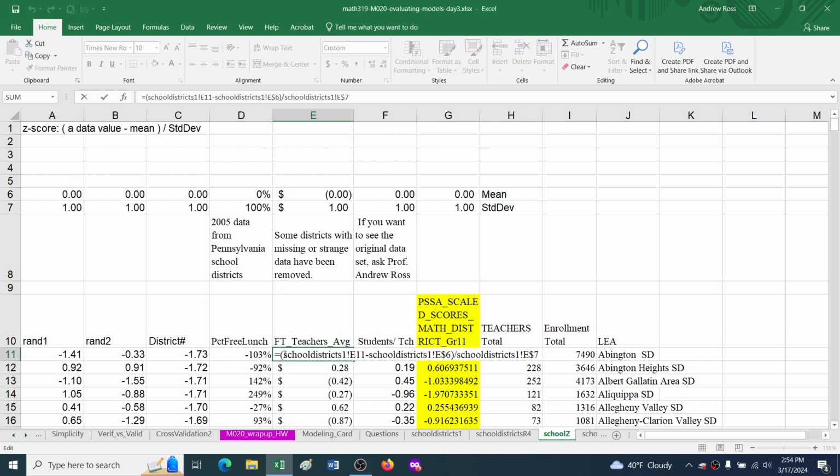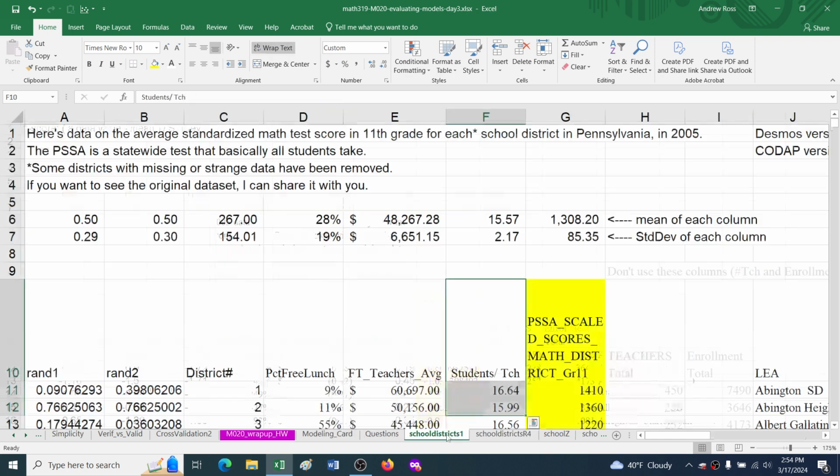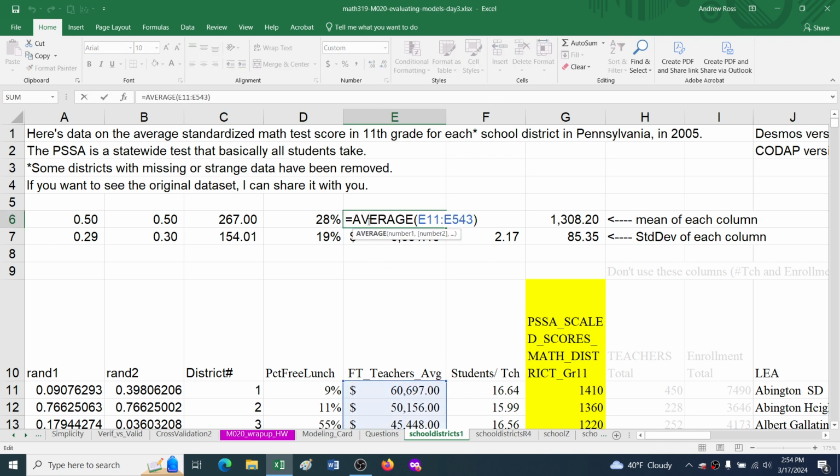This is saying, look at the school districts 1 tab in cell E11, subtract the school districts 1 tab cell E6, and divide by the school districts 1 tab cell E7. So let's go look at the school districts 1 tab, and it's saying, look at this number and subtract the mean for that column, and then divide that by the standard deviation of that column.